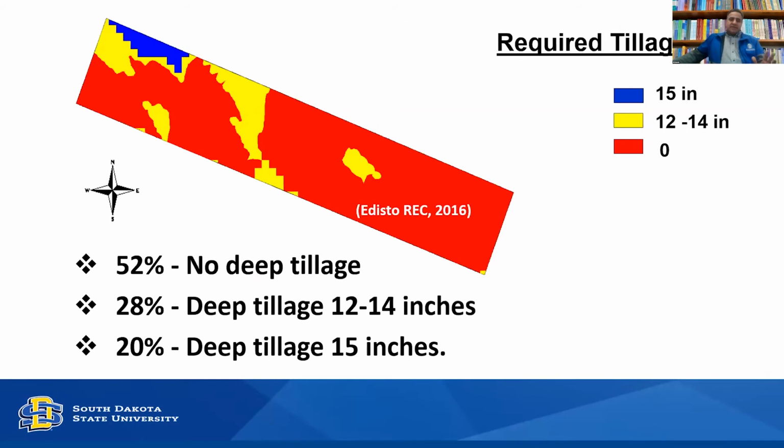So this is a 40 acre field, and as you can see, 52% of the whole field does not need any tillage, and only 20% needs deep tillage, and 28%. In other words, even if you need to use tillage, you don't need to use it for the entire field.